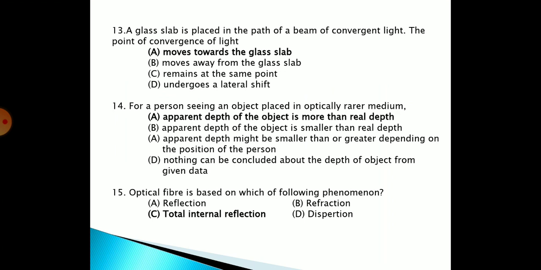So question number 14, for a person seeing an object placed in optically rarer medium, again the answer is the first option, that is, apparent depth of the object is more than real depth. Then 15th, optical fiber is based on which of the following phenomenon? Again its answer is total internal reflection.